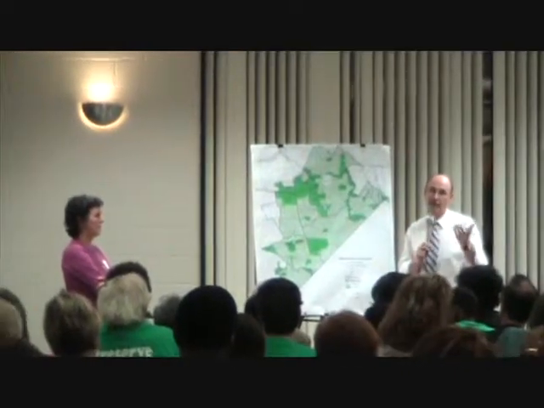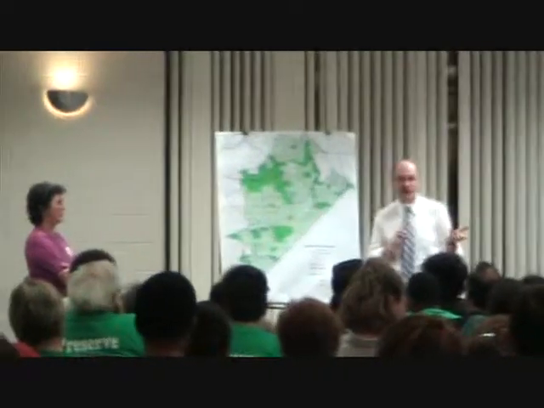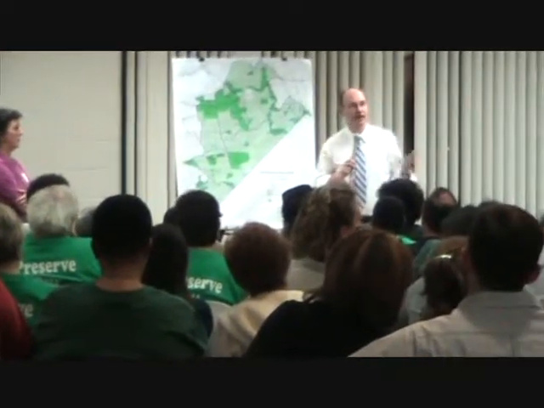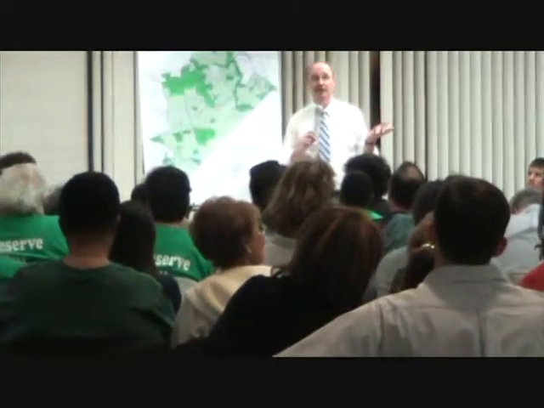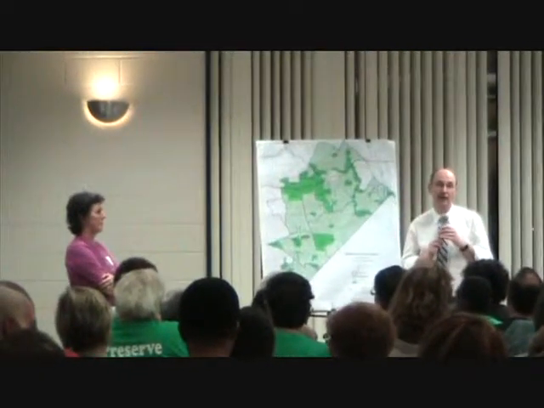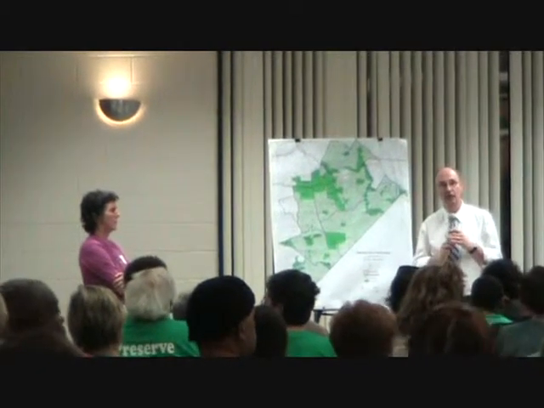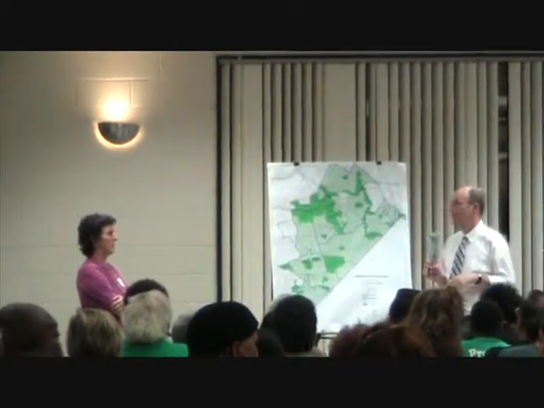The reason we're not proposing just adding on to Weston is that would create a very large middle school, and the board does not like to go as large as 1,600 for a middle school. Programmatically, it's difficult to manage that size of enrollment, so we're hoping to find a way to do a second middle school.